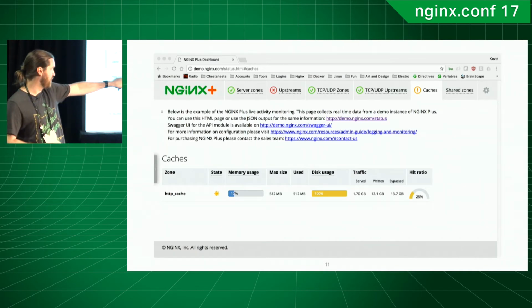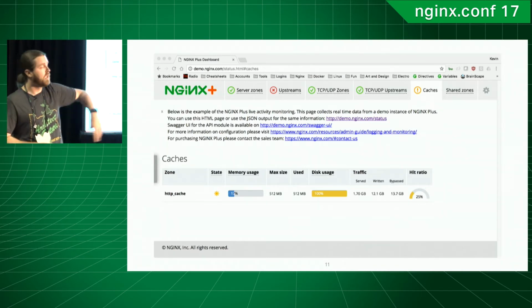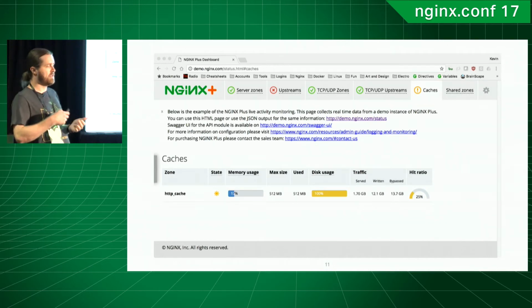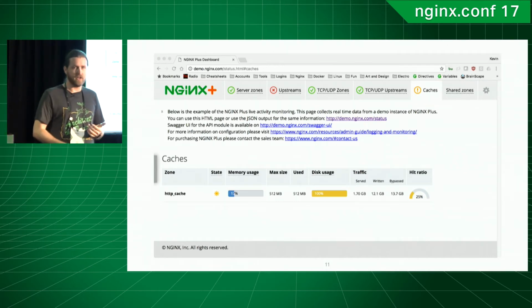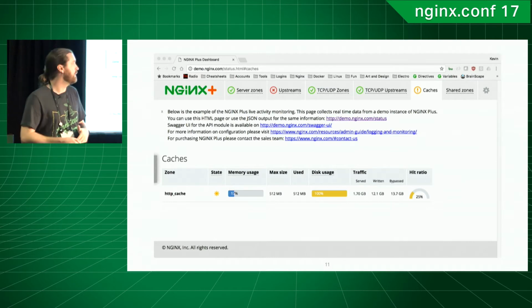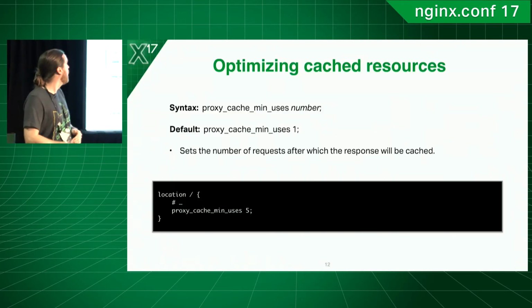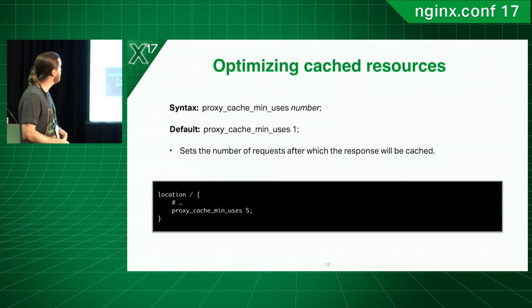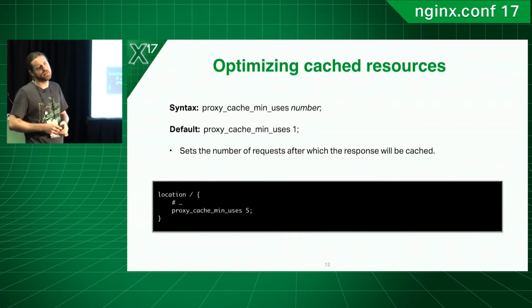It also tells you the hit ratio, which is really nice. This will actually allow you to say, hey, I'm caching 100 gigabytes of data, but my hit ratio is 25%. That means that there's 75% of wasted disk space that really doesn't need to be there. We can kind of optimize that. And one way to do that is the proxy cache minimum uses directive.